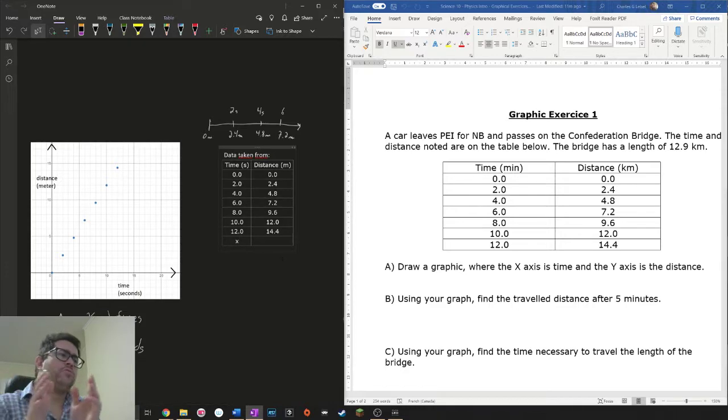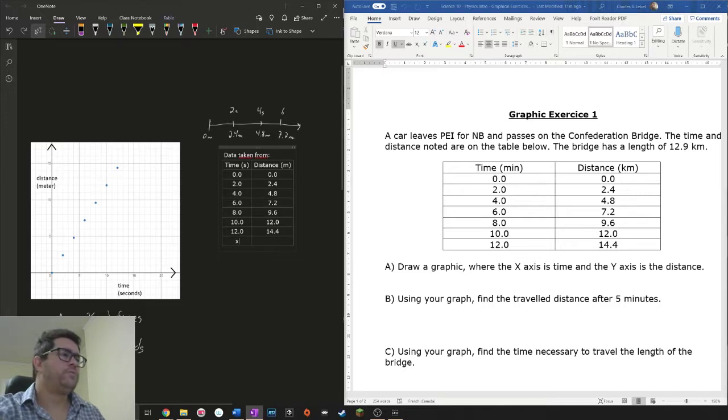The time flows like this on that graph over there, and what happens on the y-axis is what matters. So as time flows, y keeps going up, right?